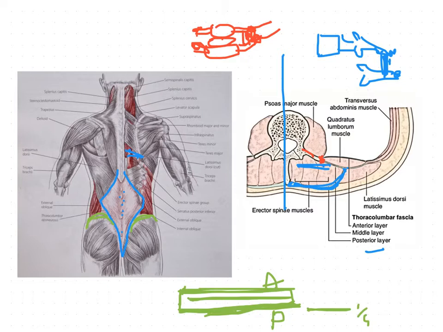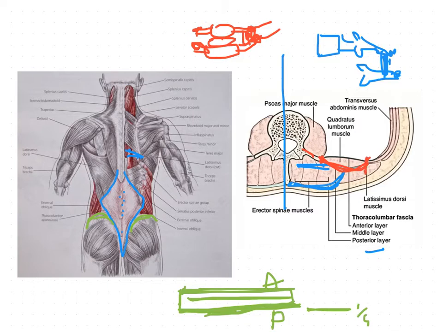Okay, next, laterally it blends with the anterior layer. So here if you come out, all these form the middle layer, and this part becomes the lateral part of the middle layer.